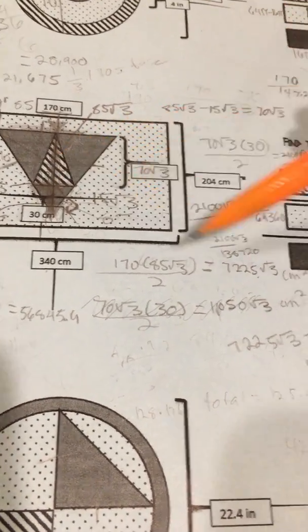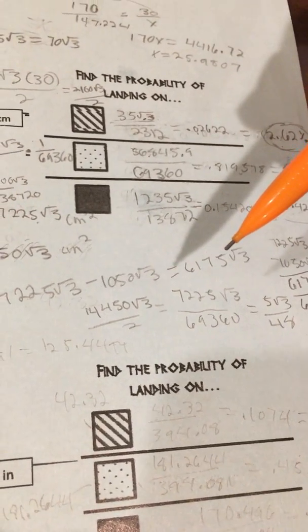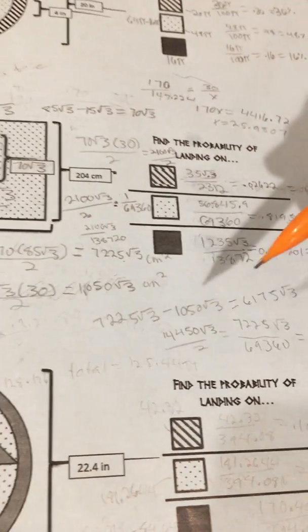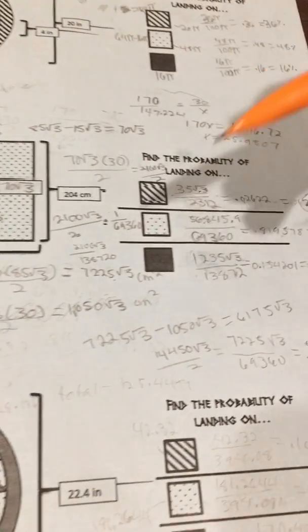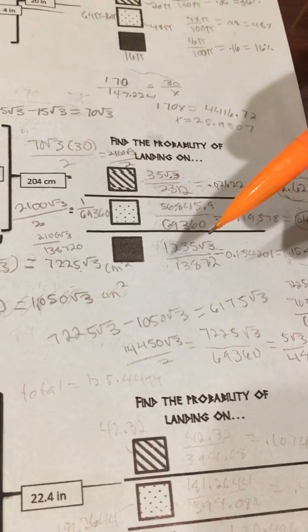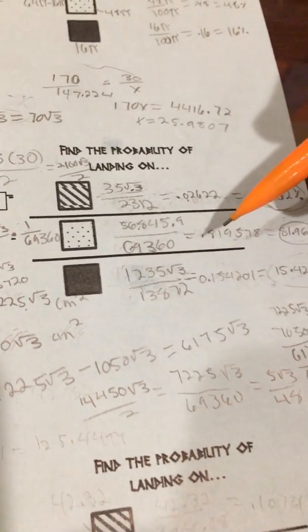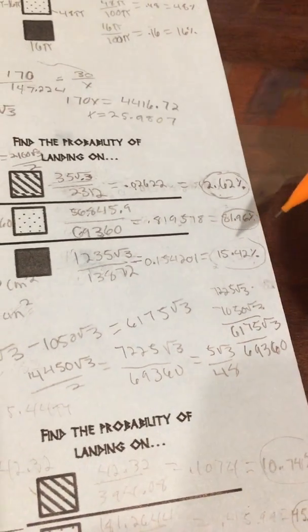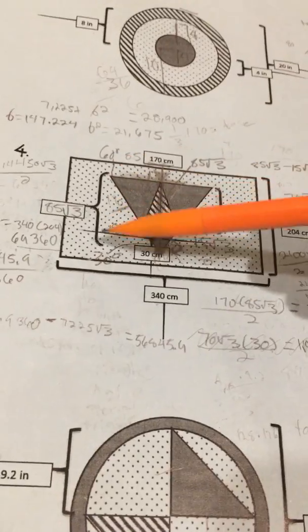You don't need that area right there. So you subtract that, and it comes out to 6,175 square root of 3. You divide that by 69,360, and that simplifies to 1,235 square root of 3 divided by 13,872. And that is 0.154201, or 15.42%.